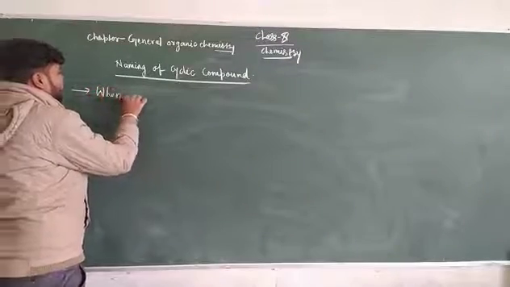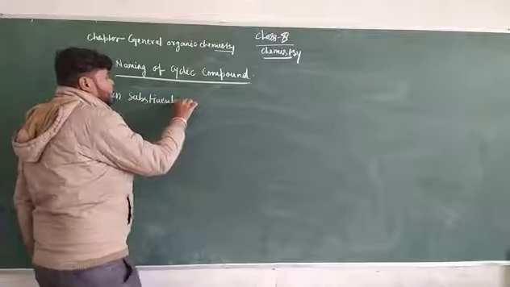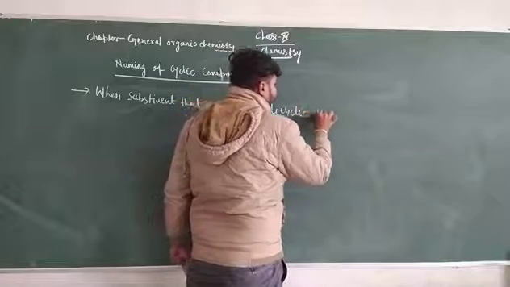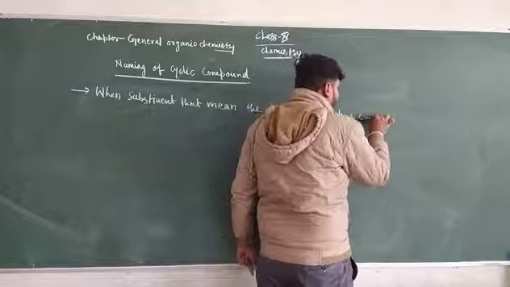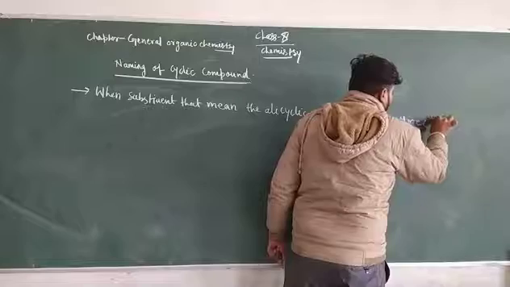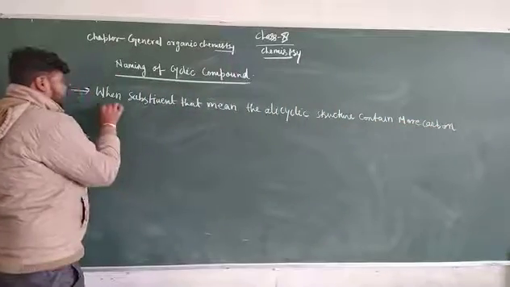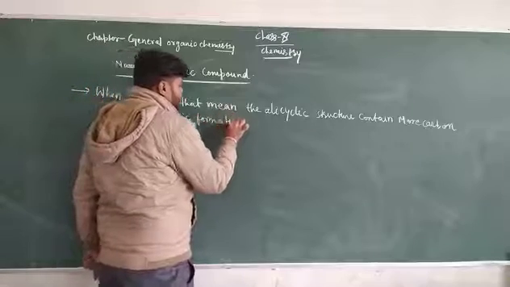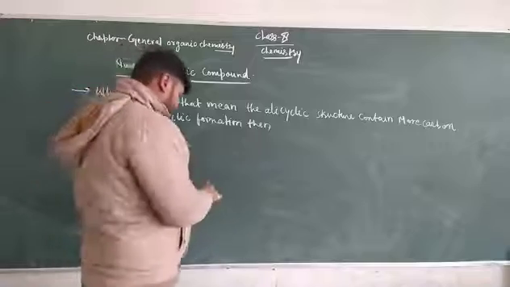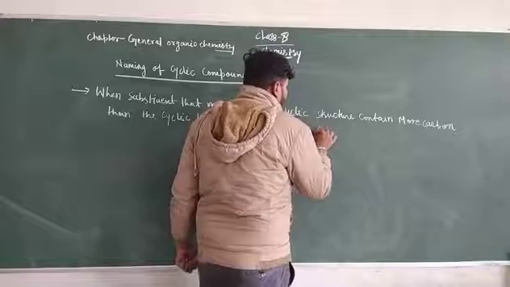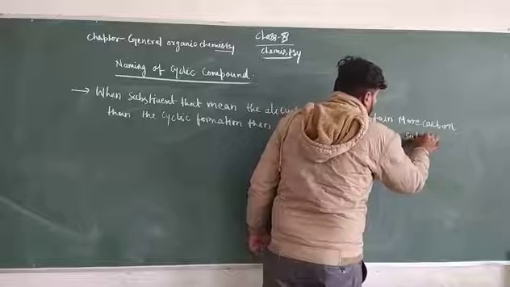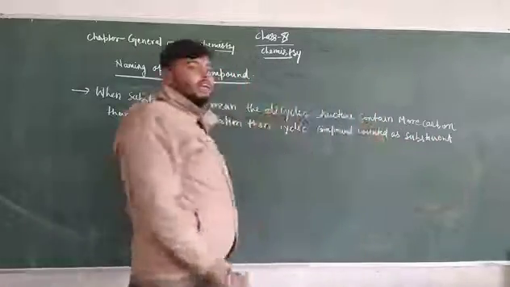When any cyclic structure contains fewer carbons than the attached chain, then the cyclic compound is counted as a substituent.